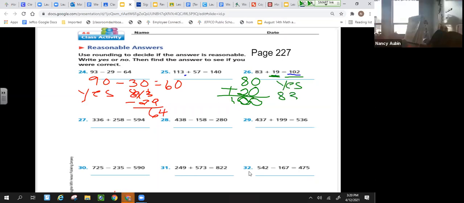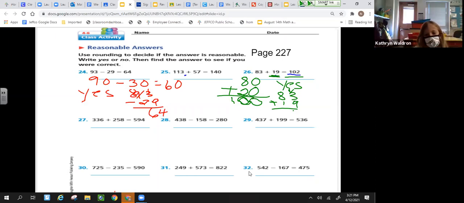Now actually add them up. Katie, what do I get when I add 9 plus 3? Miss Katie, what's 9 plus 3? 3 plus 9 equals 12.